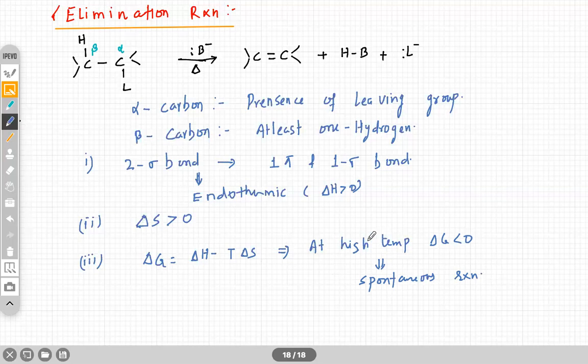The point I'm trying to make is, for this reaction we require higher temperature. It means we must heat it. Without heating, elimination is not possible. So what we do in this reaction is heat it in presence of base.